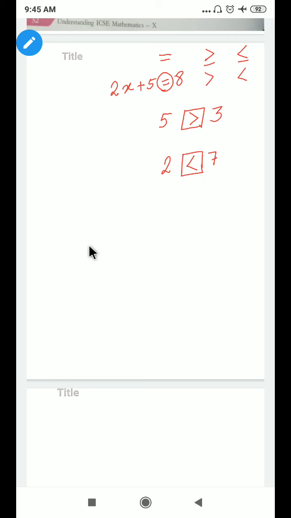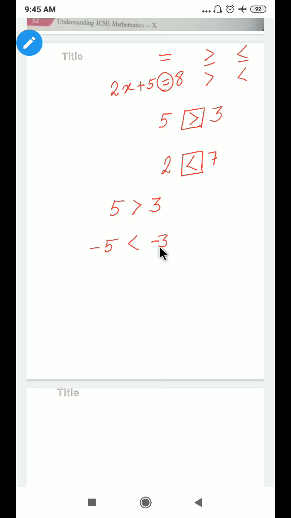Okay, suppose 5 is greater than 3. If you multiply both sides by -1, then 5 is converted to -5 and 3 is converted to -3. Now can you tell which one is bigger, -5 or -3? Obviously -3 is bigger than -5. Why?